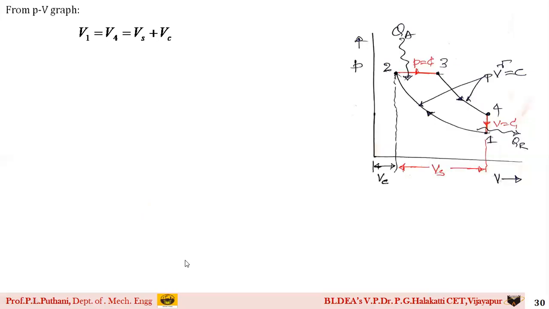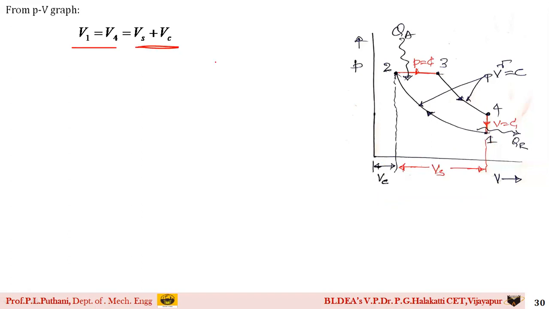Now I am writing the equation for volume V1. V1 is nothing but a summation of Vc and swept volume. So I have written V1 is equal to V4. Why is V1 equal to V4? Because 4 to 1, from the PV graph, is a constant volume process, which you can observe here. So I can write V1 is equal to V4 is equal to the summation of swept volume and clearance volume.